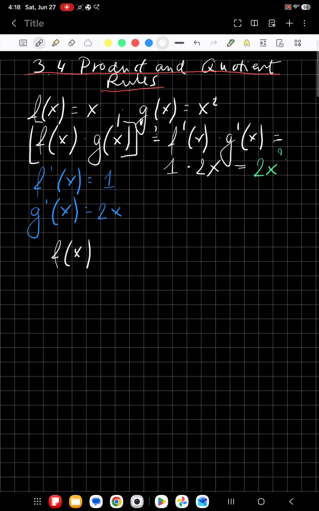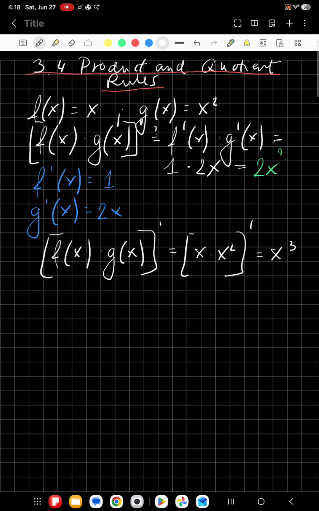What I know is correct is that if I take these two functions and multiply them first, and then take the derivative, that's going to be x times x squared, which is x cubed, and the derivative of that is 3x squared.